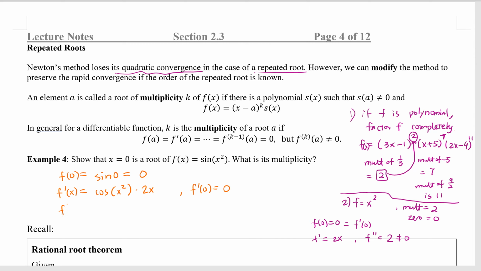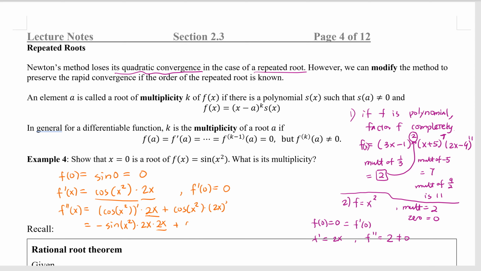Okay, and let's do one more derivative. Well, then this is a product. We need the product rule. Let's do it slowly. Derivative of the first guy times the second guy plus the first guy times the derivative of the second guy. Well, the derivative of cosine is minus sine x squared, and because of chain rule, the derivative of x squared is 2x, and there is another copy of 2x here, right?